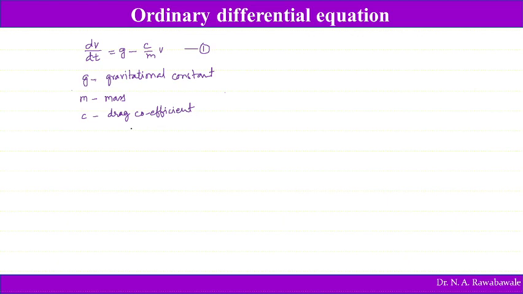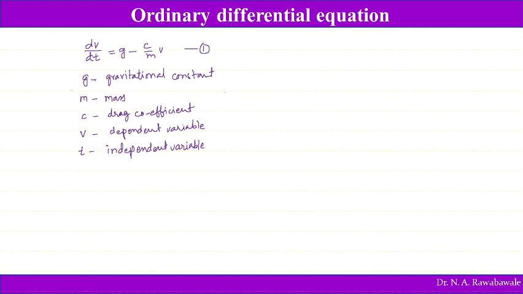This is also a constant. Then v is a dependent variable and t is an independent variable.